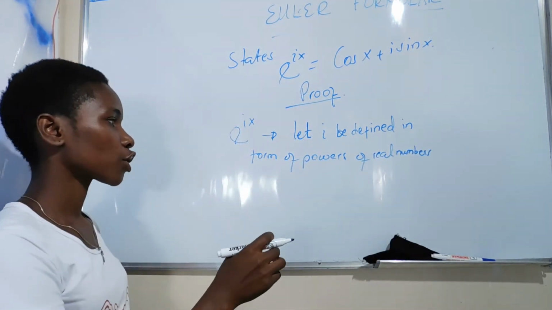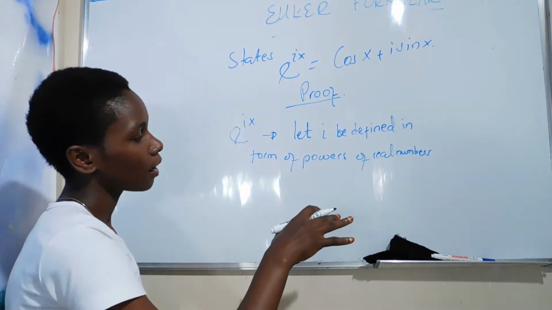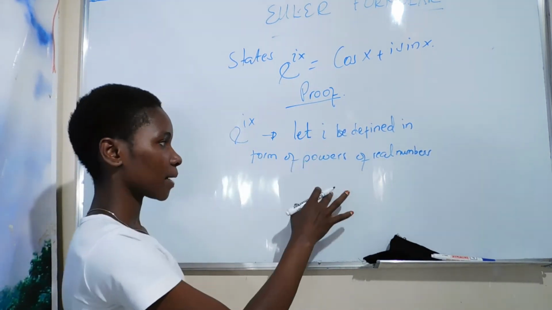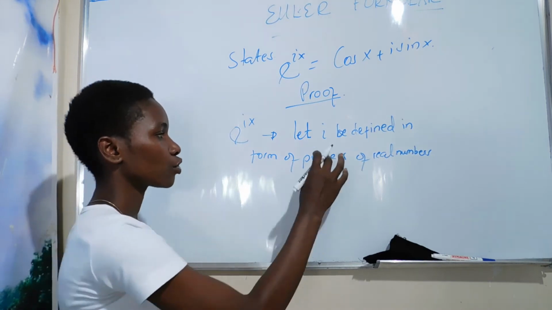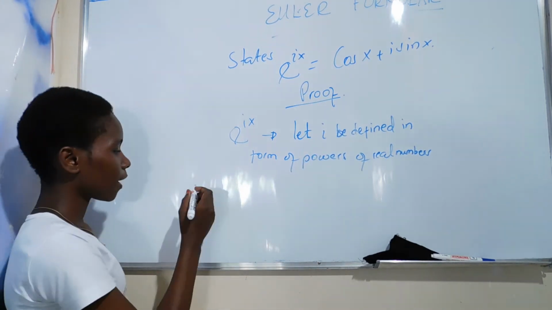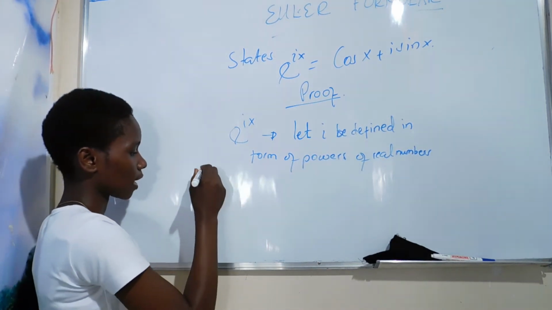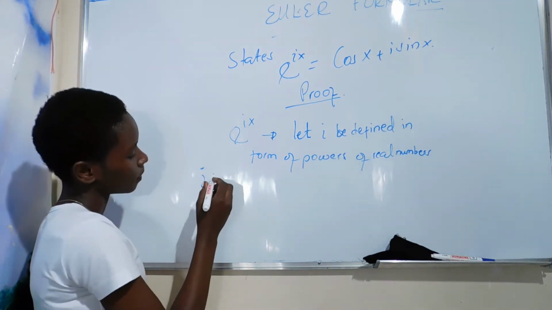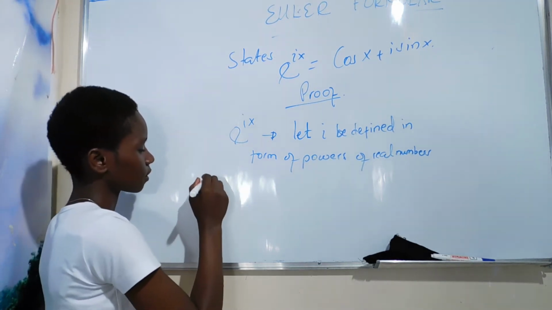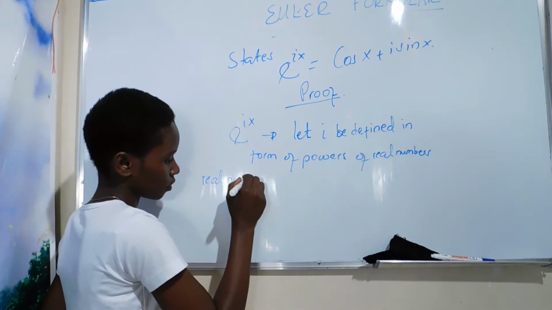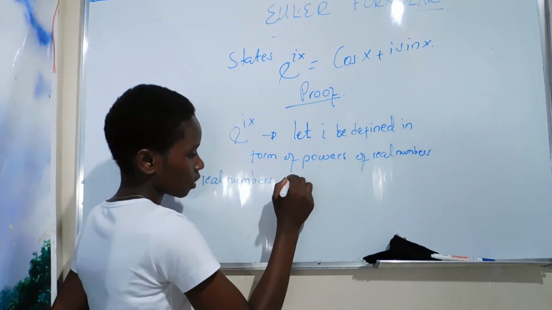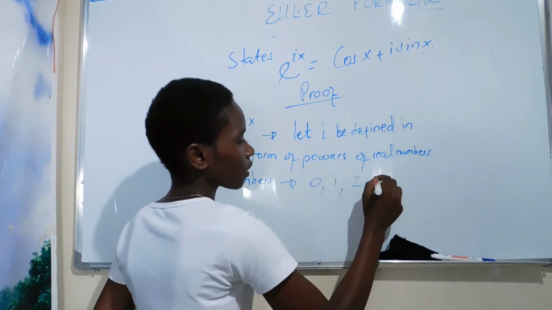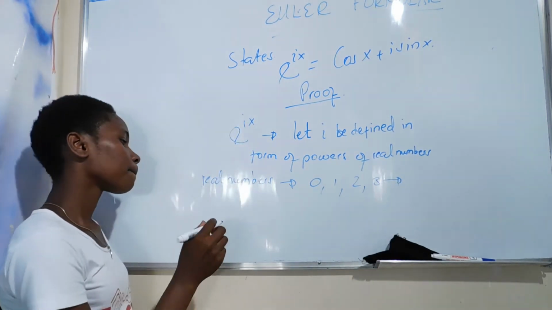Hii maana yake kwamba tutachukua I, tutaweka power za real numbers katika I in order to get the values of I. So from there, mfano nikiwa na I, ina maana the real numbers zinaanzia 0, 1, 2, 3 na kuendelea.